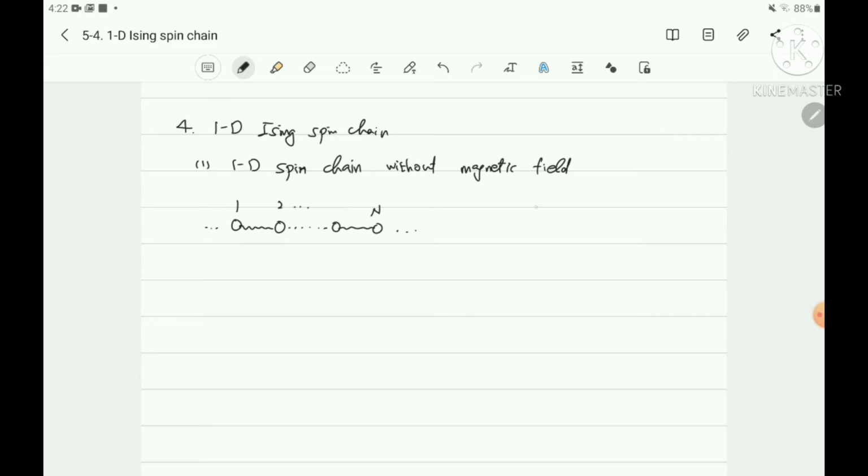So we have the first, second, and so on, up to n-1, and the nth atom is identical with the first atom, like an atomic chain. We call it a one-dimensional atomic chain.